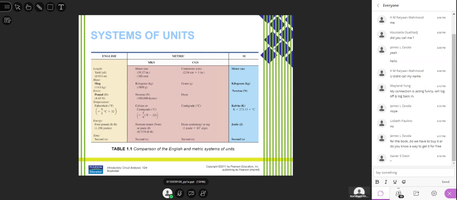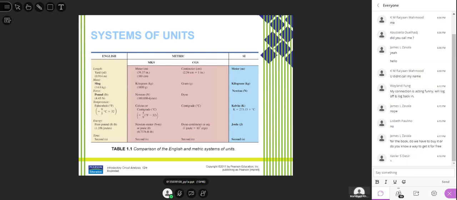In the metric system, we use Newton meter or joules, which is equal to 0.7376 foot-pound. Again, we have another unit for metric, and for the SI system, which is the standard unit, we just use joules. For the time, in the English system, we use second. In the metric system, we use second. In the SI system, we also use second. So the only thing that has the same unit in the different systems is time, which in all of them is second.